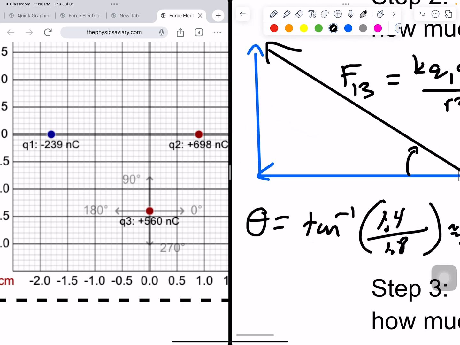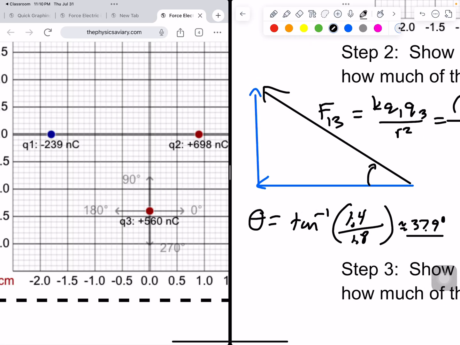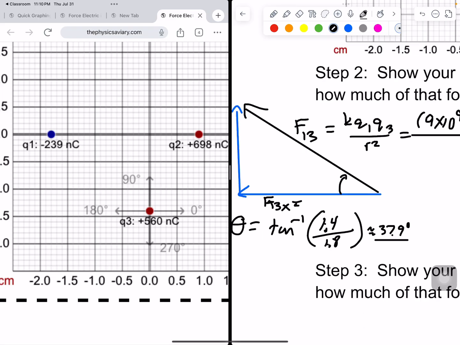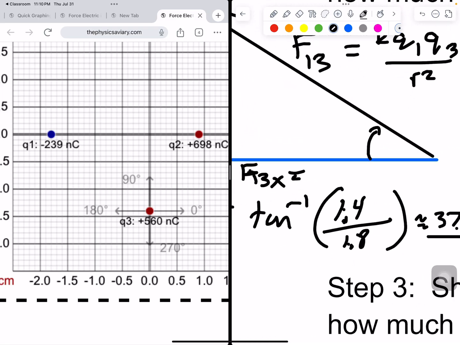Okay, now to find these components, this component here is going to be F13 in the x direction, and that's equal to my vector magnitude, which was 2.32, cosine of 37.9 degrees.